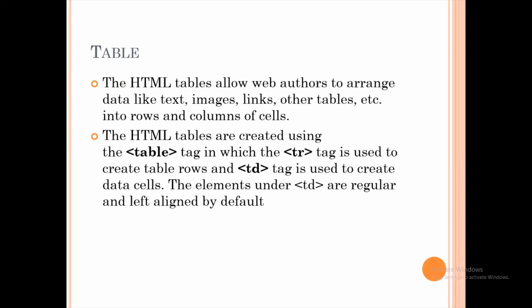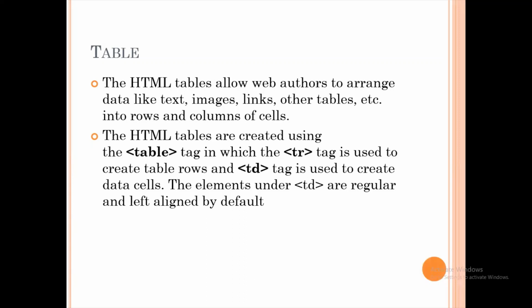If we want to create a table in HTML, we have a tag called table. All the tags by which we will create rows and columns and insert data are contained by this table tag.